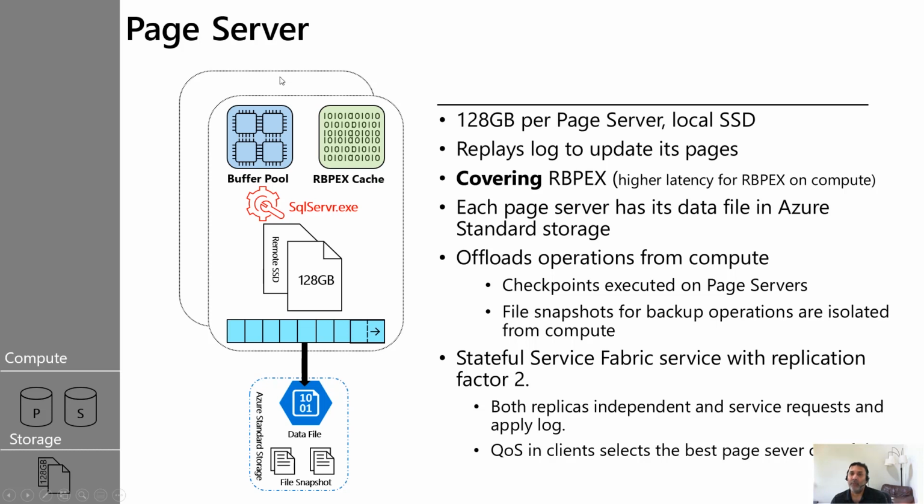But otherwise, both of them serve active requests from compute, right? There's also storage redundancy from a file perspective, as one of these accounts is a GRS account, which is a geo-replicated storage account, so that snapshots are available on the paired region to restore from.